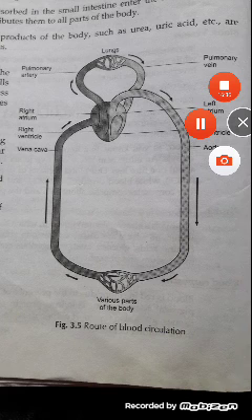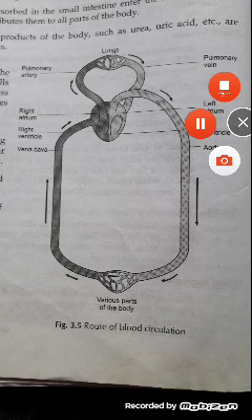After the blood has received oxygen from the lungs and given off carbon dioxide, the oxygenated blood returns to the left atrium. Pulmonary veins bring this oxygenated blood from the lungs to the left atrium as it relaxes.